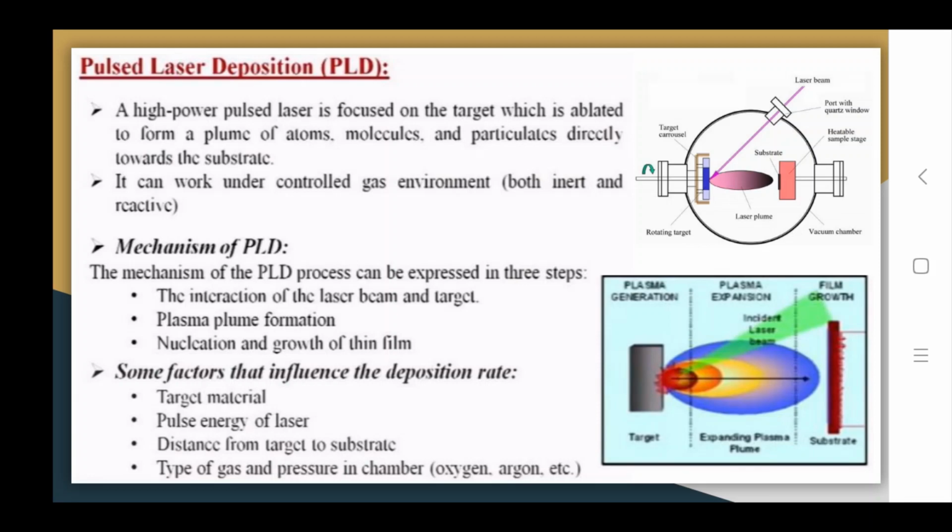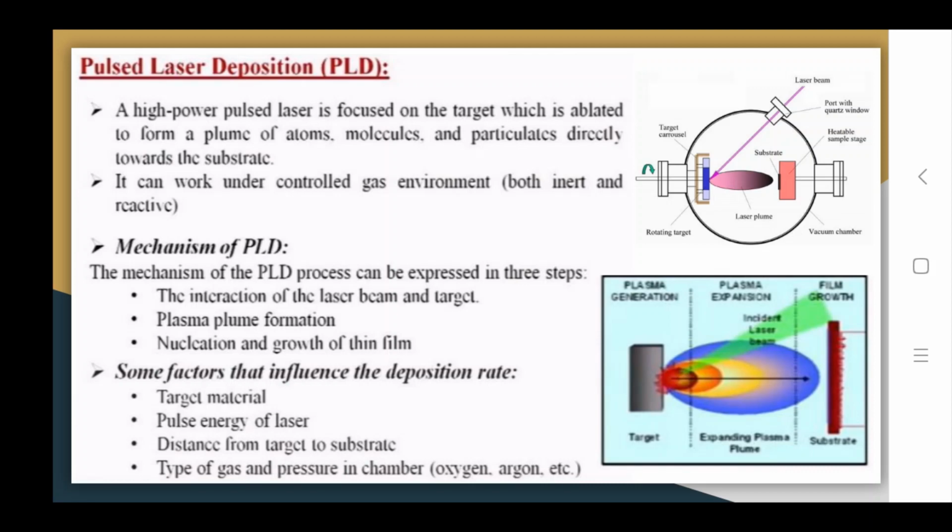And the mechanism of the PLD process can be expressed in three steps. First one is the interaction of the laser beam and the target, then the plasma film formation, and then nucleation and growth of thin films. So simple. Till now we have been discussing different types of heating elements, maybe the electric coil, maybe a certain kind of laser, or maybe an electron beam.